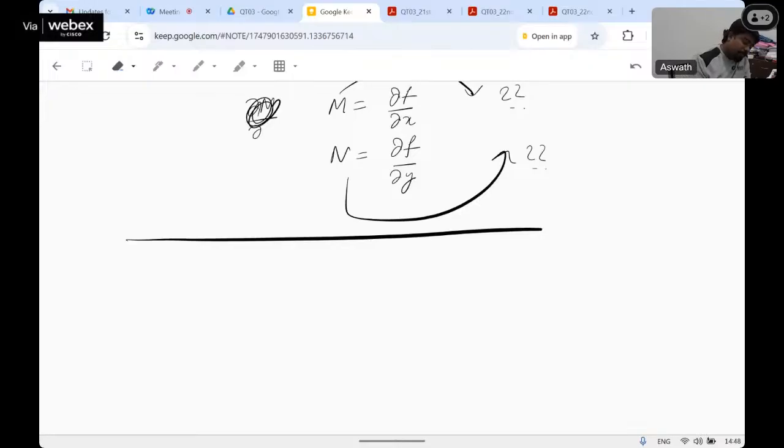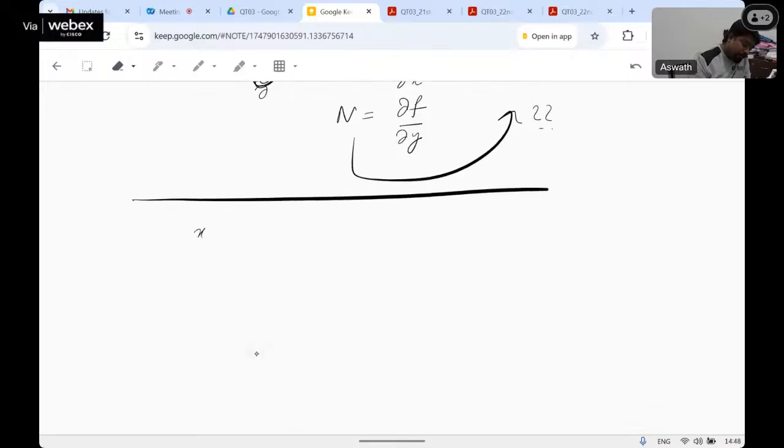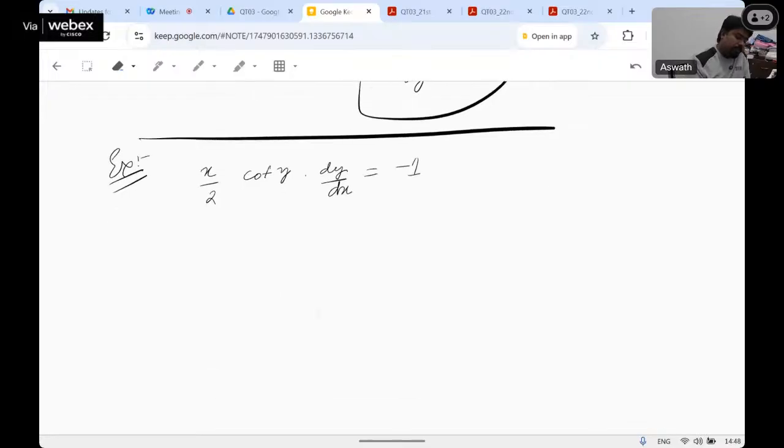Let me say there is a differential equation x by 2 example, cot y into dy by dx is equal to -1. So this is the differential equation I have. I want to arrange it into m into dx plus n into dy is equal to 0.